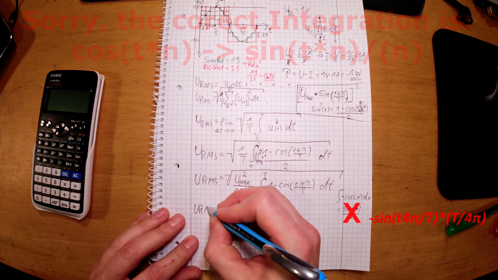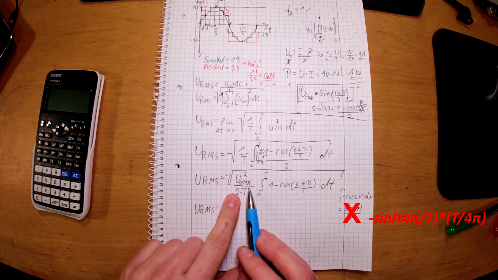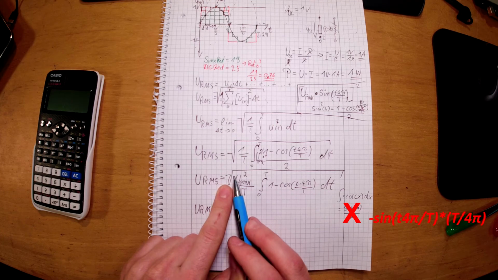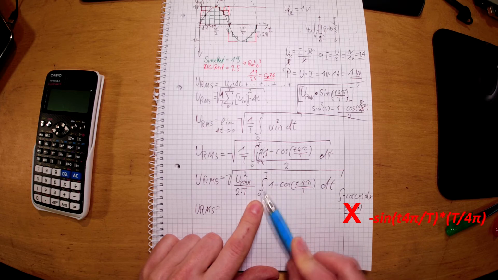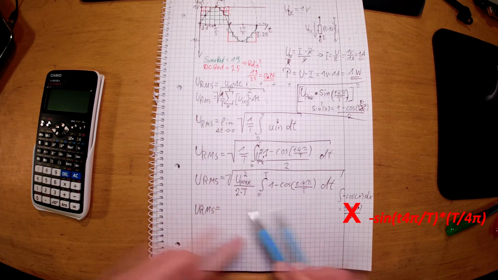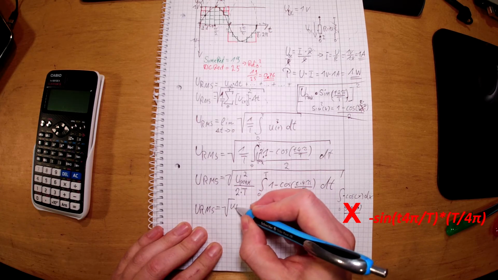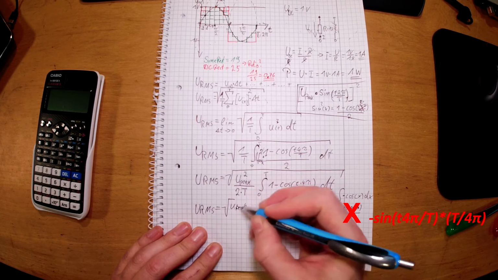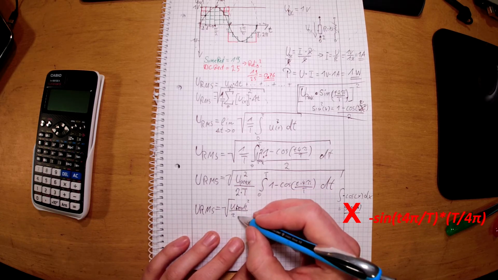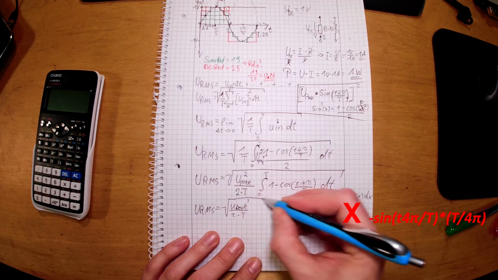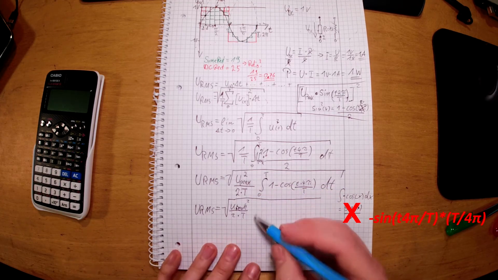Okay, this factor stays the same. The square root stays the same, and this integral is not there anymore. U peak squared divided by 2 times T. And now we're doing the one.